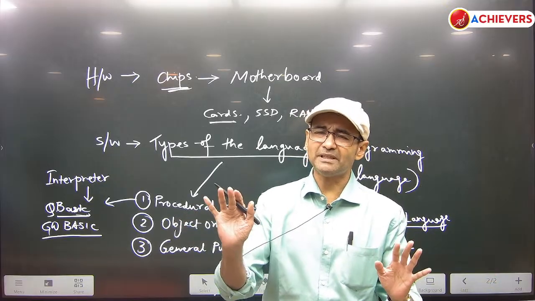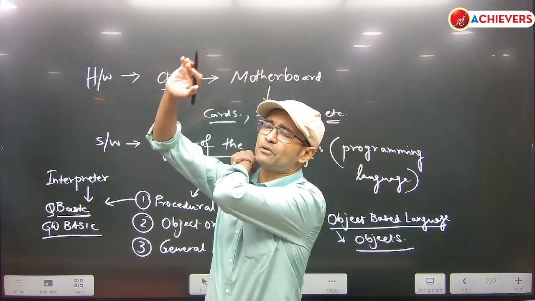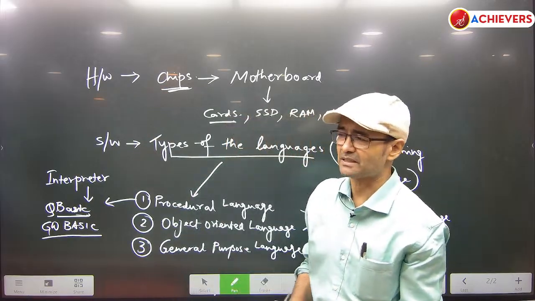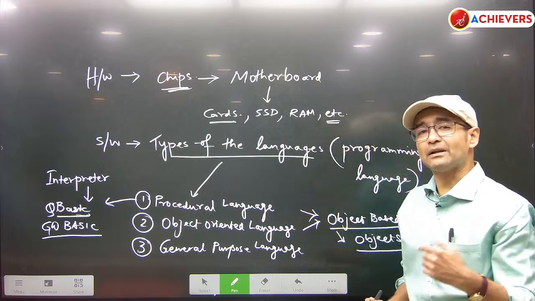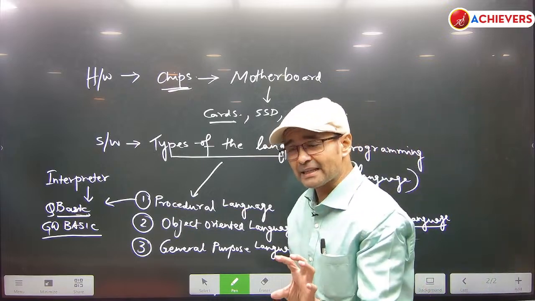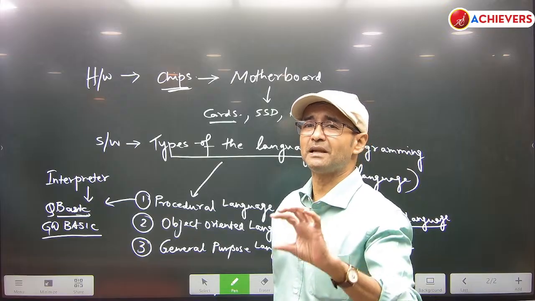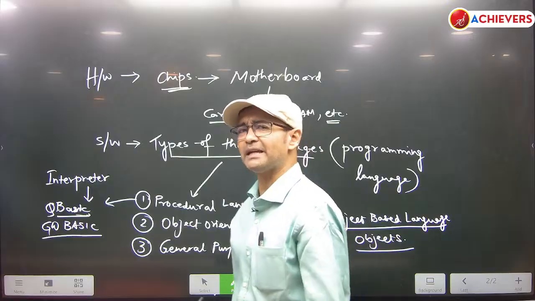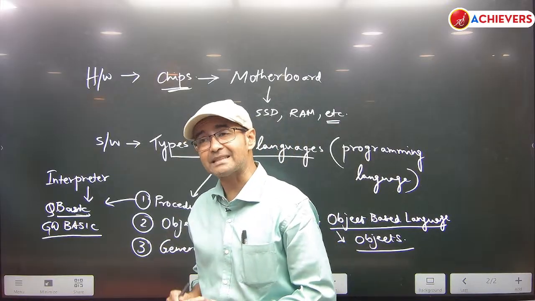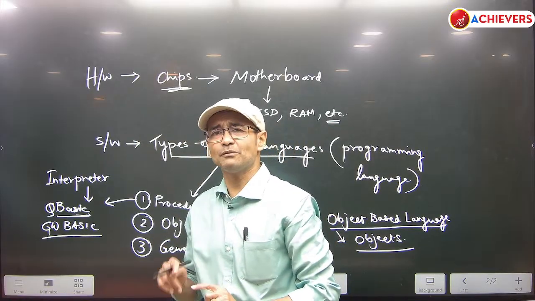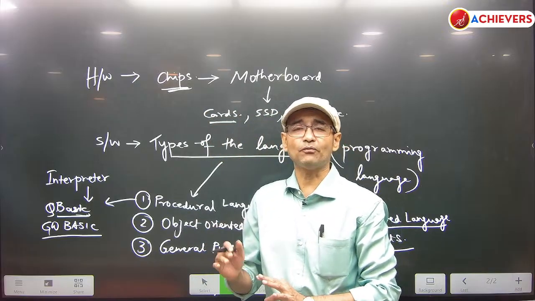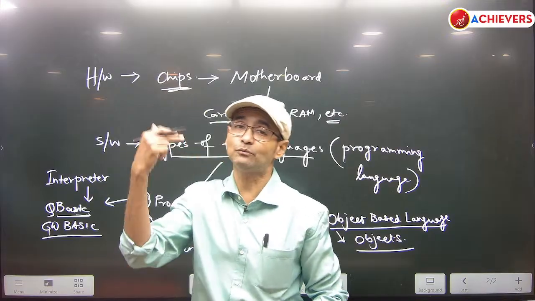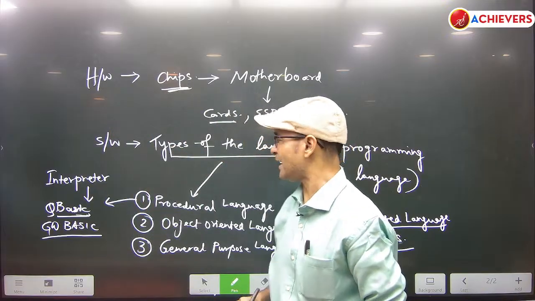That can be done in C++. Or we can also have objects that are created based on C++ classes. We can define a class in C++ and create different objects of those classes, and based on the objects we can call the different functions defined within these classes. So that can also be done.